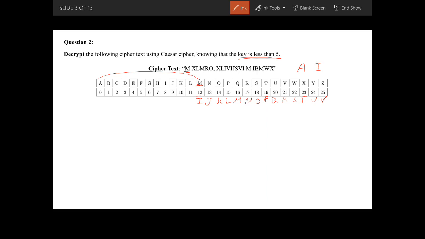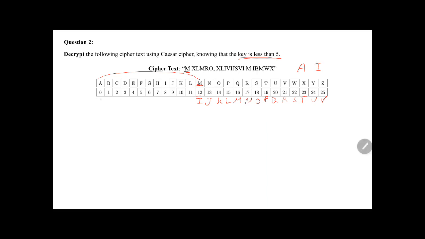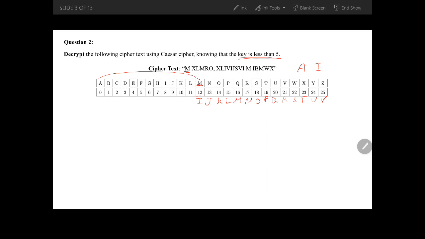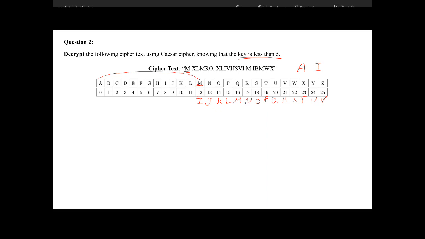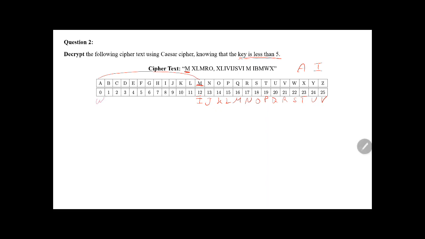V. So we have here, wait a minute, we have here W, X, Y, Z, then A, B, C, D, E, F, G, H, and it's all good.